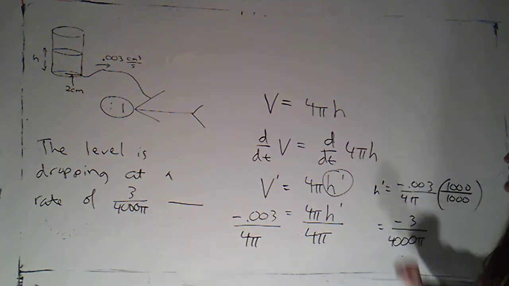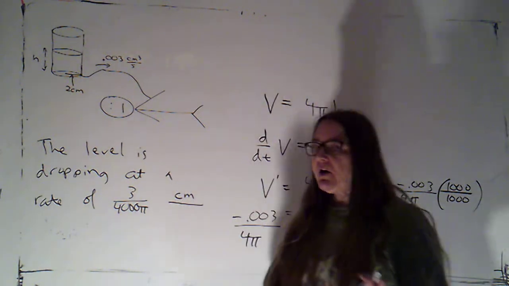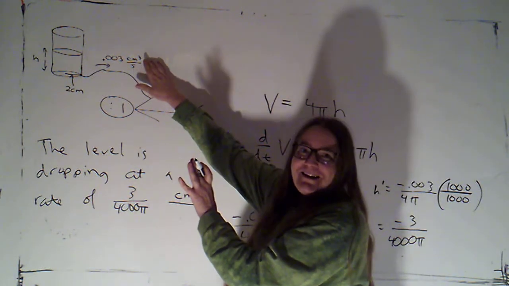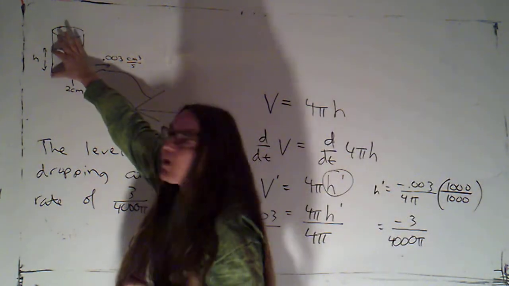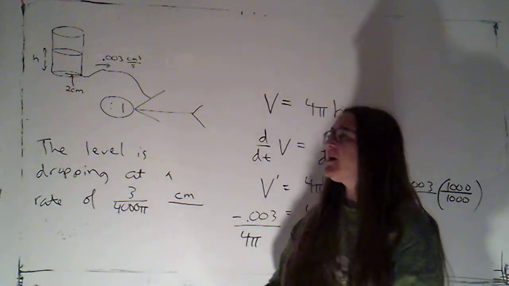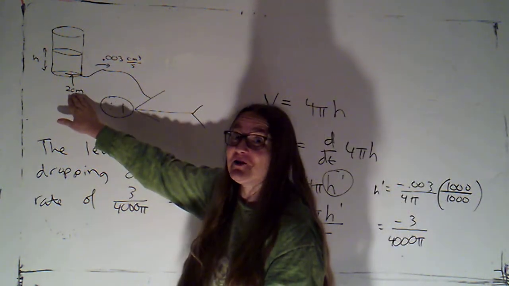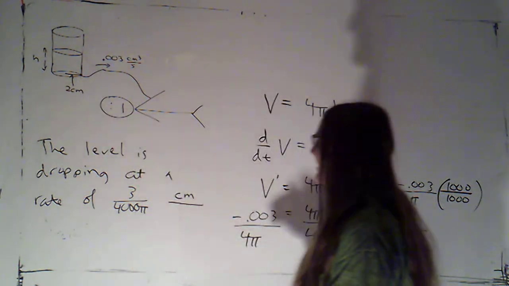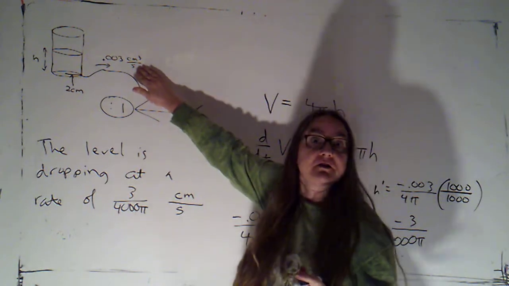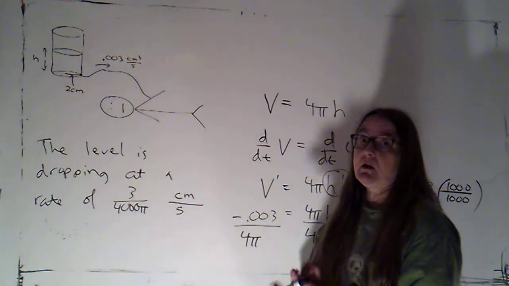Because that's what we're saying is changing now. Those would have been centimeters. I often see people say centimeters cubed because those were the units for our other rate of change. But the height is one-dimensional. Volume would be cubic centimeters when the dimensions are measured in just plain old centimeters. Okay, this was 2 centimeters, not 2 cubic centimeters. Okay, so it's just centimeters and then per second because those were the units of time that we used for the other part of the problem. All right, we shall hope Harold recovers.